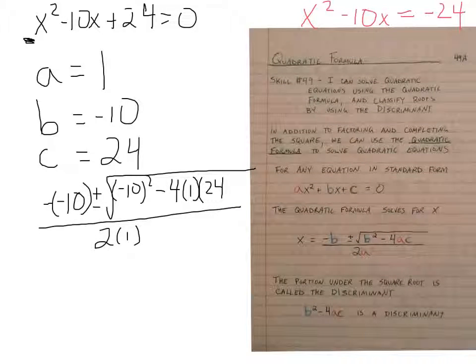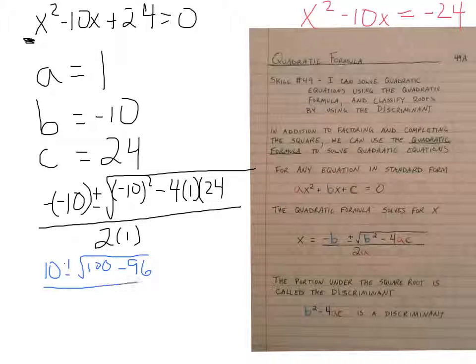If we simplify this, we get 10 plus or minus the square root of 100 minus 4 times 24, which is 96, all over 2, which is equal to 10 plus or minus root 4 all over 2.